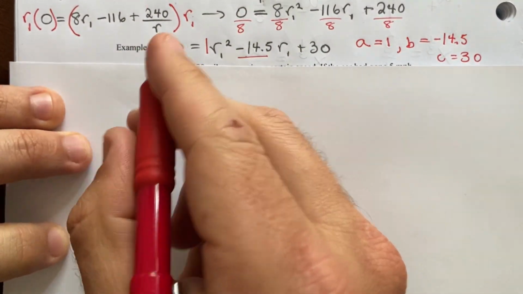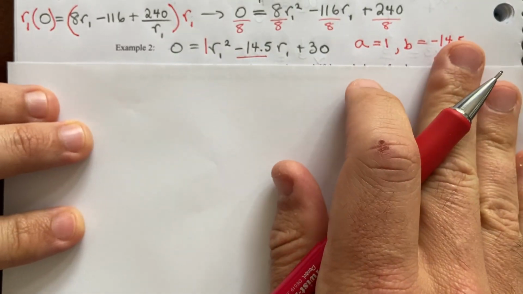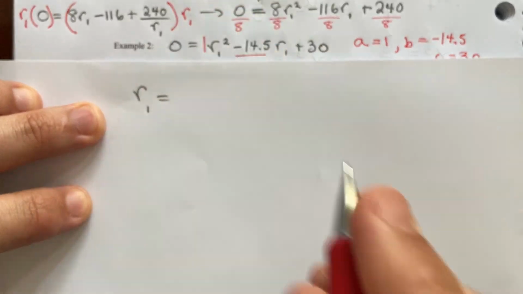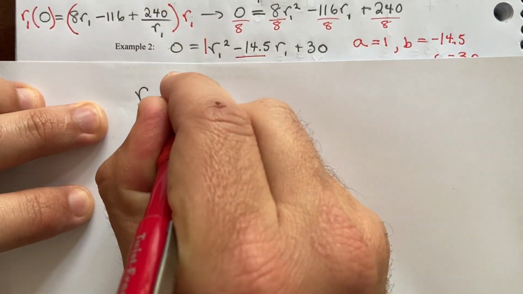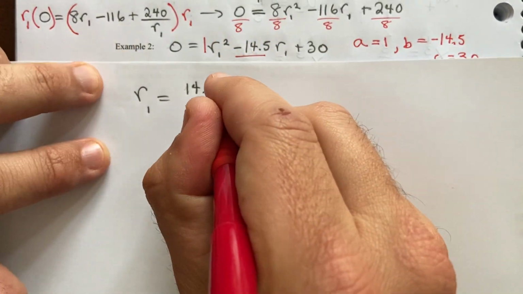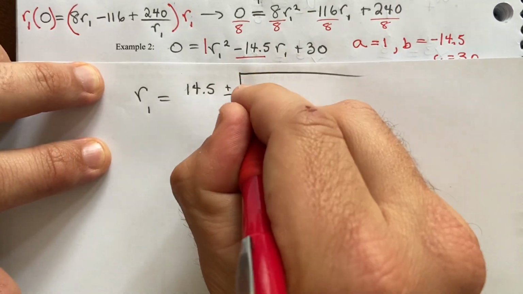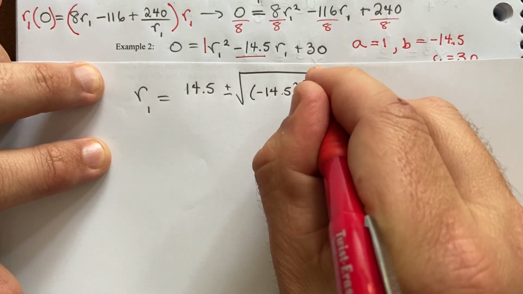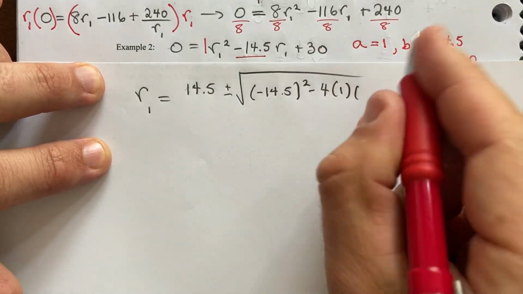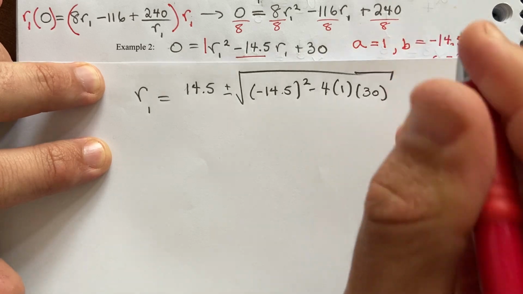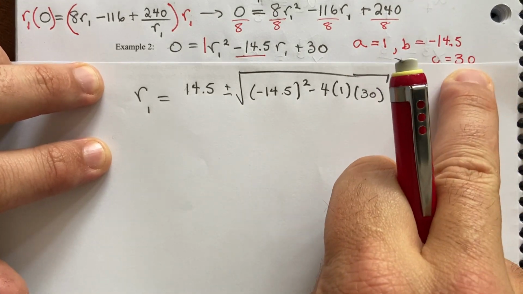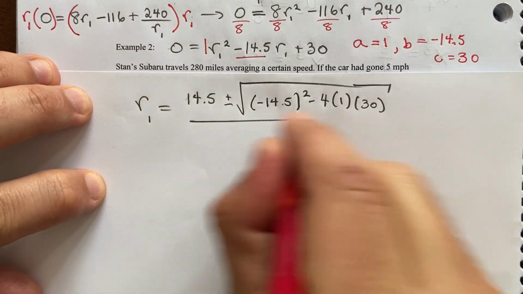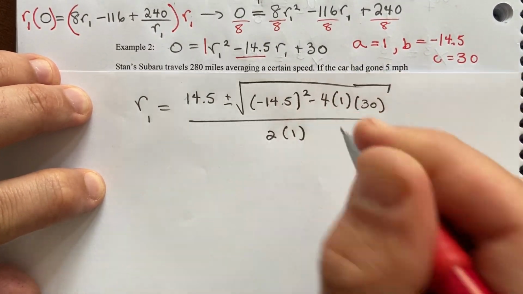Okay, so I'll have that R1, which is our variable, equals the opposite of B, so 14.5, plus and minus the square root of negative 14.5 all squared, minus 4 times 1 times 30. Right, 30 there. And then all divided by 2 times 1.